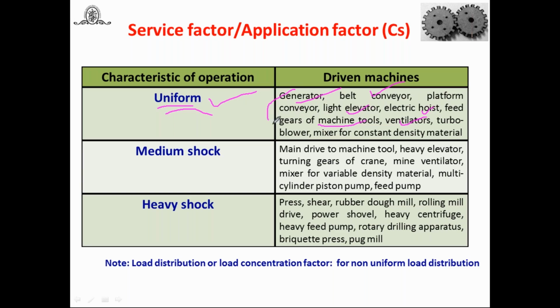And accordingly, suppose this is the prime mover which connects to the gearbox, and through it is connected to the driven machine. If it's uniform and the prime mover is uniform, I have already told: uniform characteristics, electric motor, gearbox, and uniform driven machine, like a generator. Accordingly, you can refer to the earlier chart to take the value of CS.